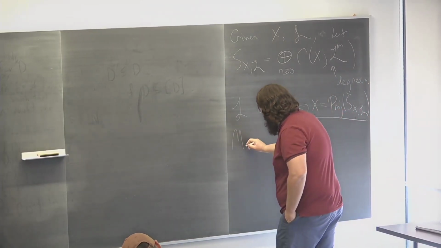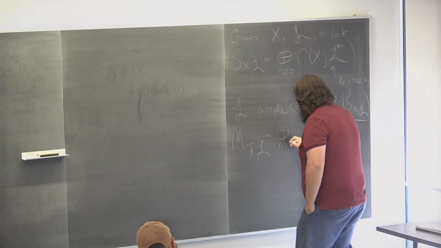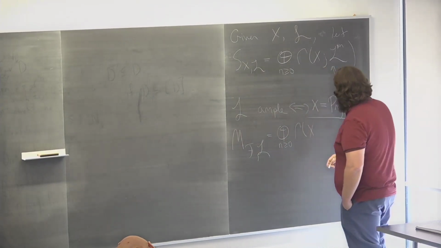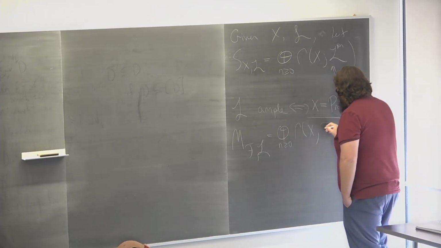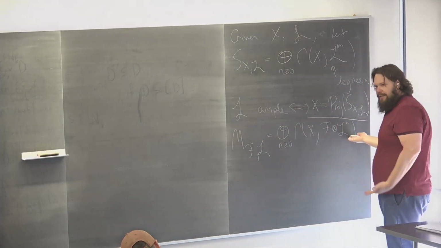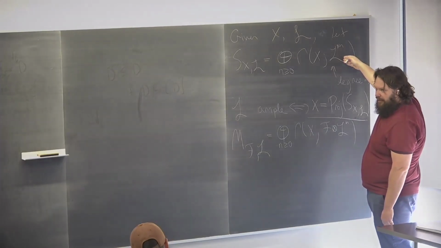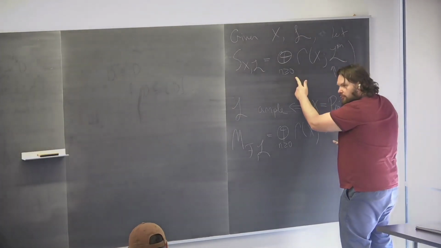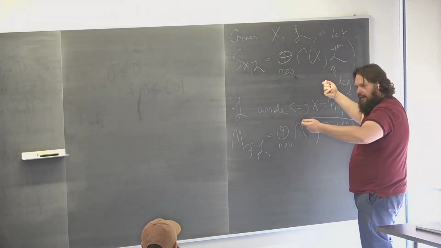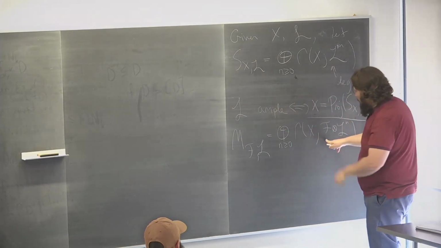Well, I can define M_{F,L} to be the sum over n, I don't even need non-negative n, of sections over X of F tensor L to the n, right? So why am I tensoring with powers of L? Because my ring is sections of powers of L. And so if I want a module over this ring, I have to be able to take a section of F and multiply it by a section of L to the n. And then what do I get? I get a section of F tensor L to the n. So this is a graded module.